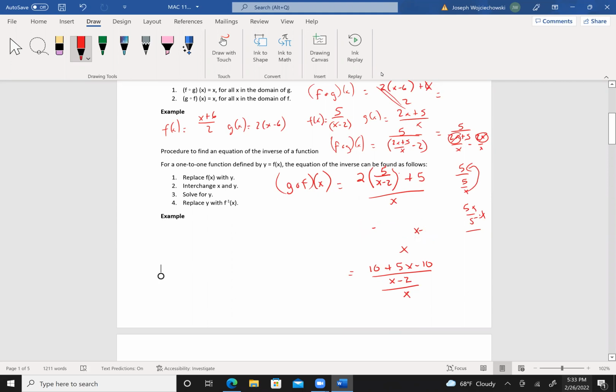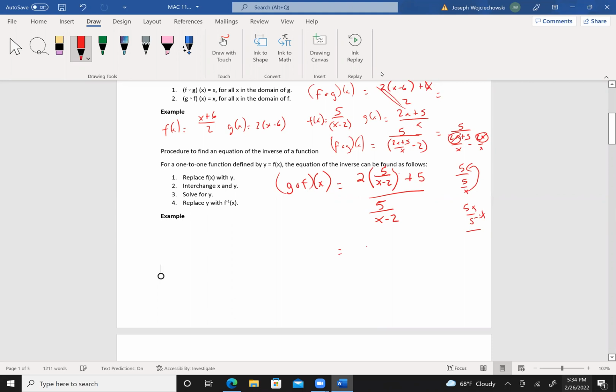Got to be very careful with these. Don't think we'll be testing beyond this. I forgot to replace x with 5 over x minus 2. There we go.